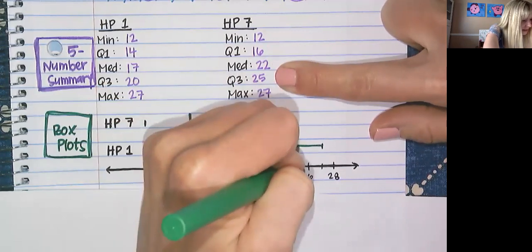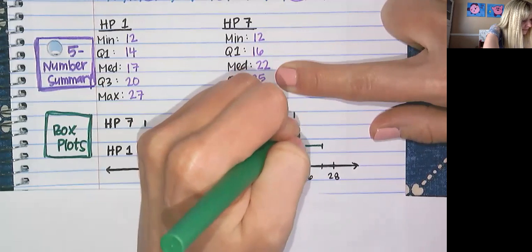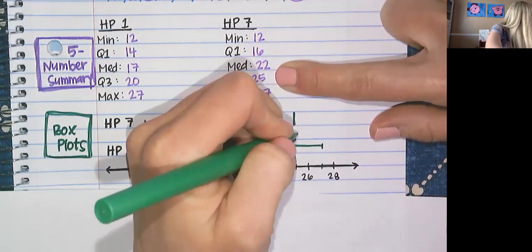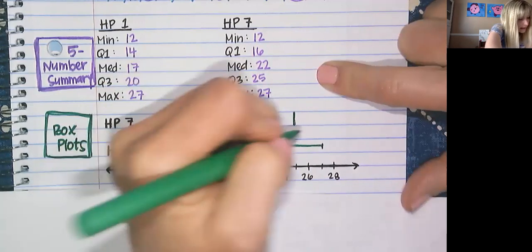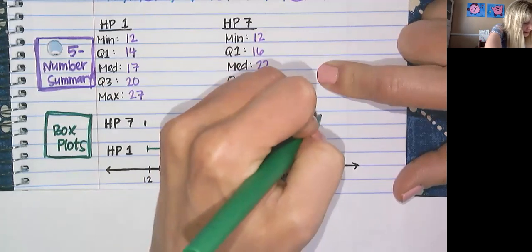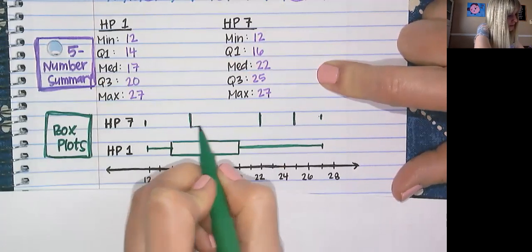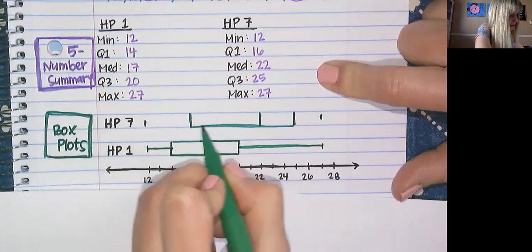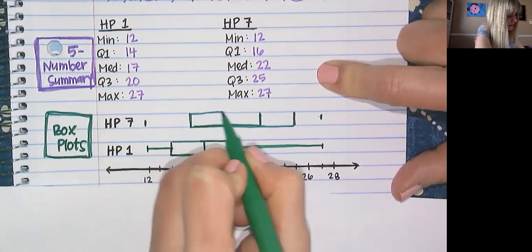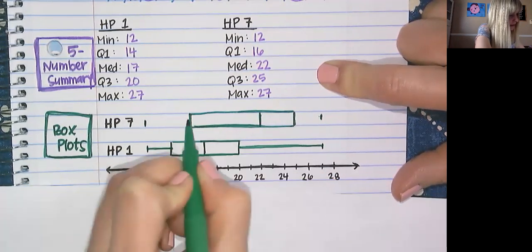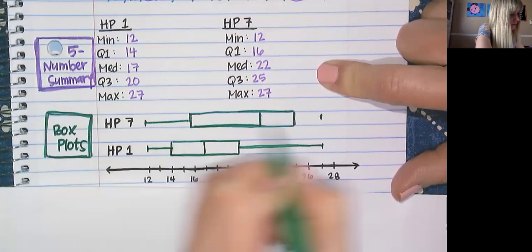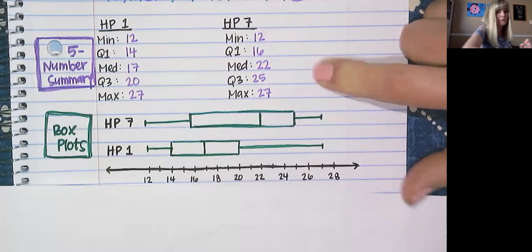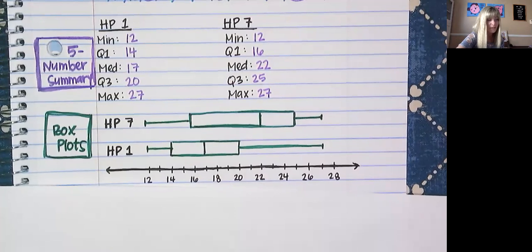Quartile 3 is 25, and the max is also 27. So here is my box, and this is kind of interesting. One of the first things I notice is that the overall plots themselves, all the way from whisker to whisker, are the same. That's kind of interesting, and we'll give a name for that in a second.